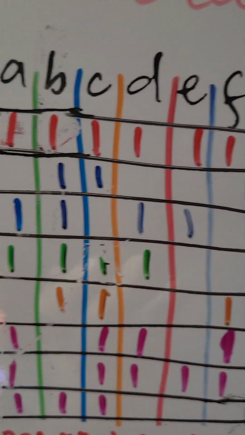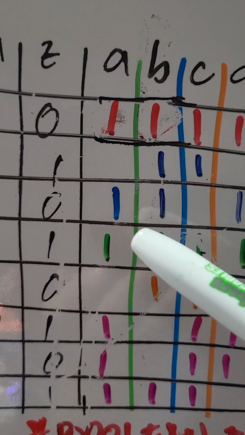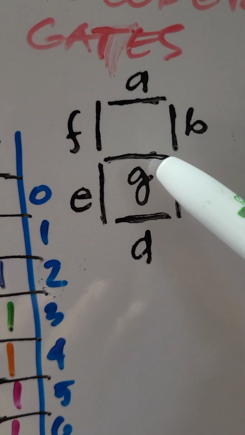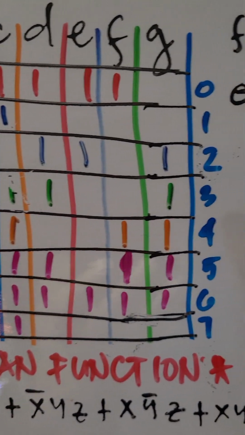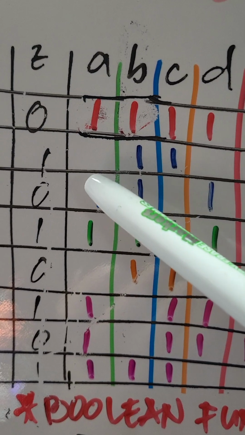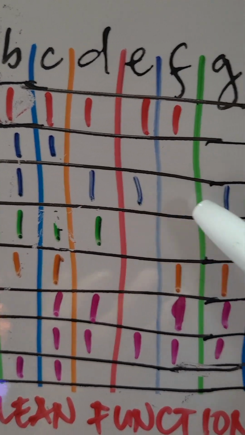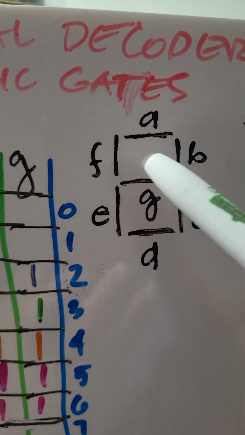So the count of 2, segments will go high, like A 1, B 1, D 1, E 1, and G 1. Okay, so 2.